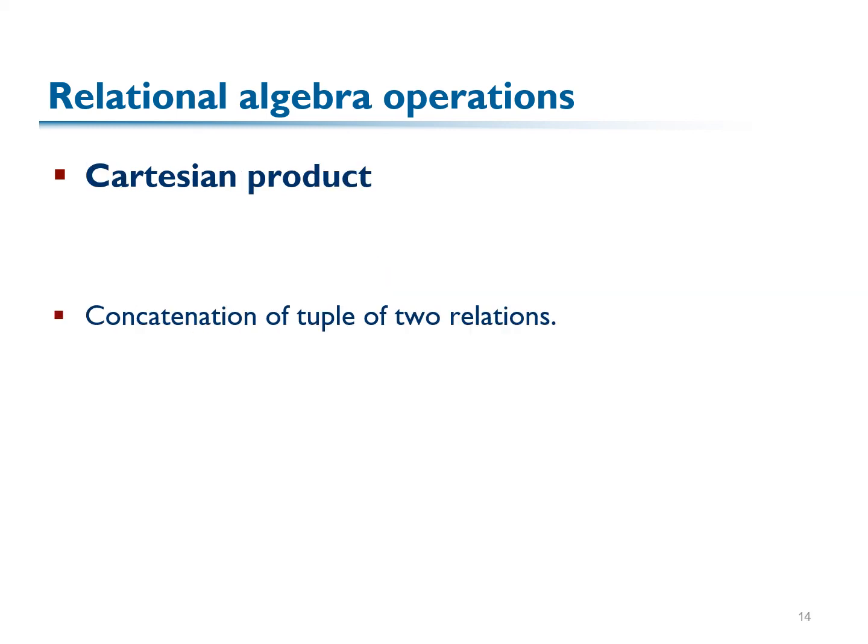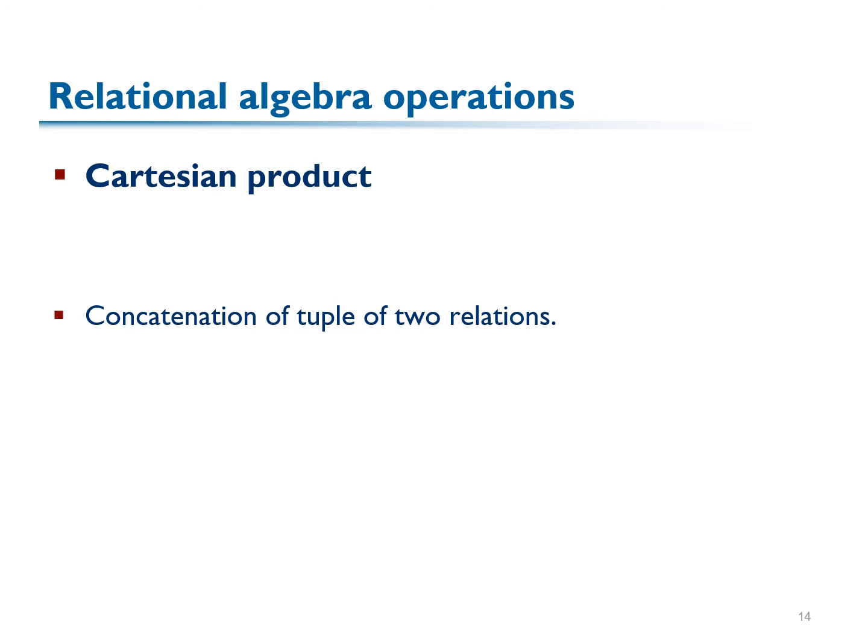Our last relational algebra operation in this lecture is the Cartesian product. The Cartesian product operation defines a relation that is the concatenation of every tuple of relation R with every tuple of relation S. In other words, the Cartesian product operation multiplies two relations to define another relation consisting of all possible pairs of tuples from the two relations.